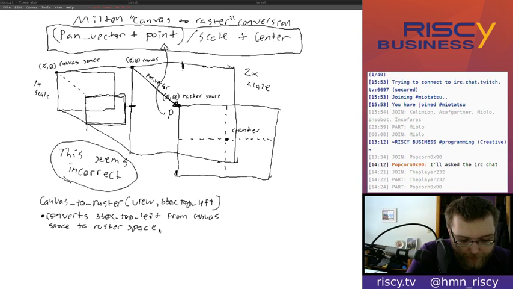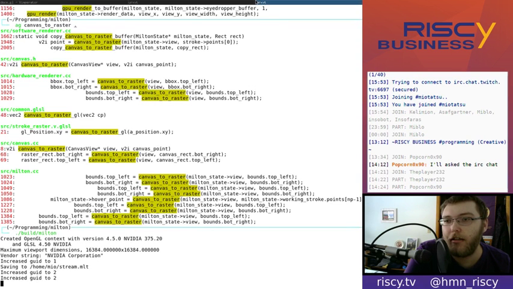Now, this is an example of the actual use of this function. And I believe that's really going to help us.